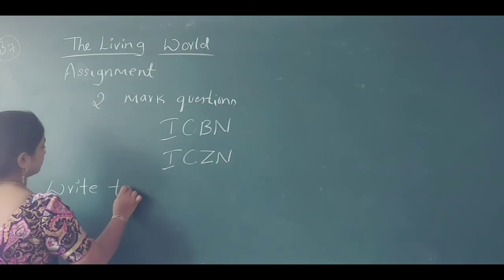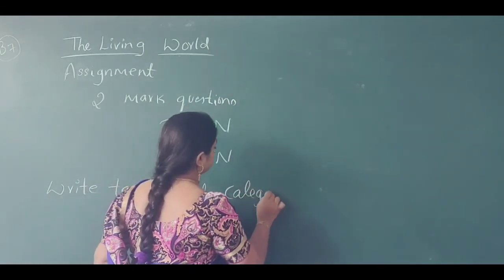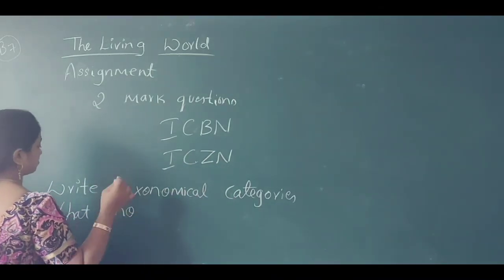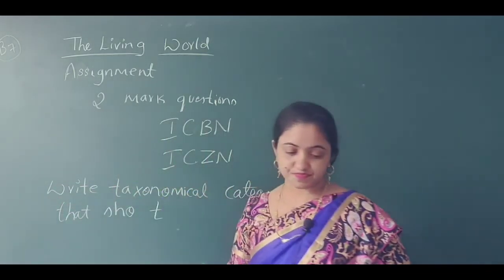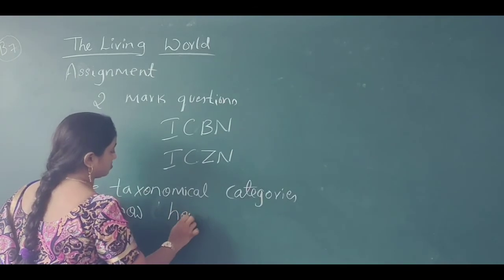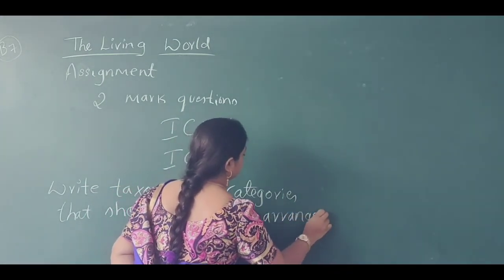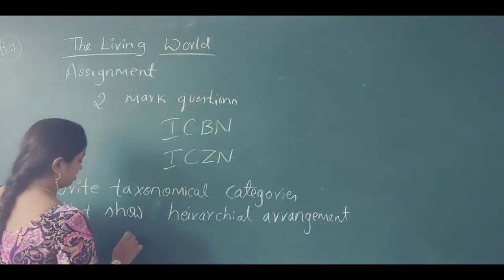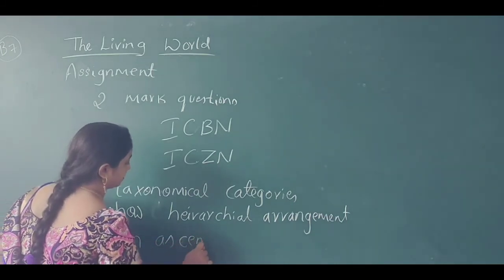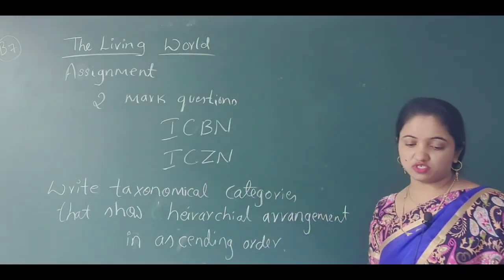Write taxonomical categories that show hierarchical arrangement in ascending order. So this will be the next question, question number 7.